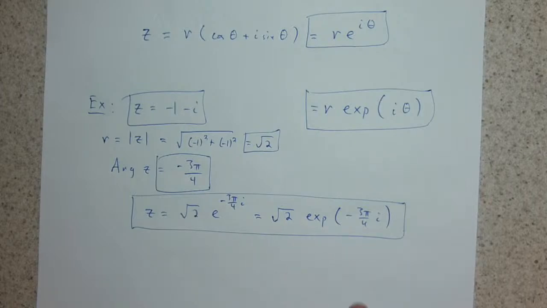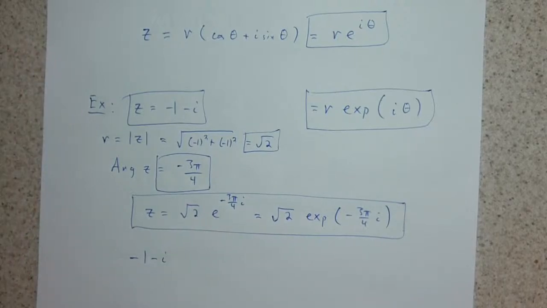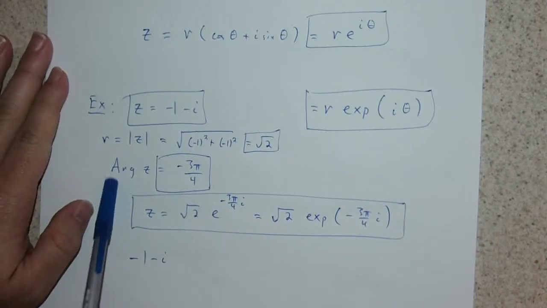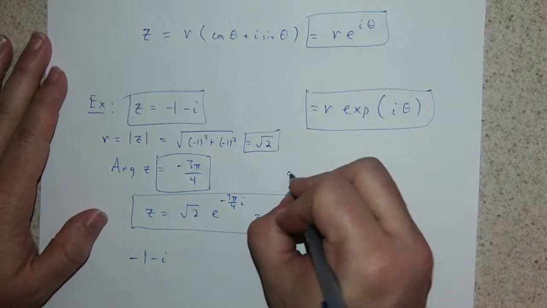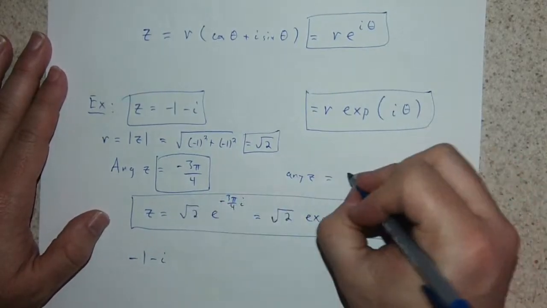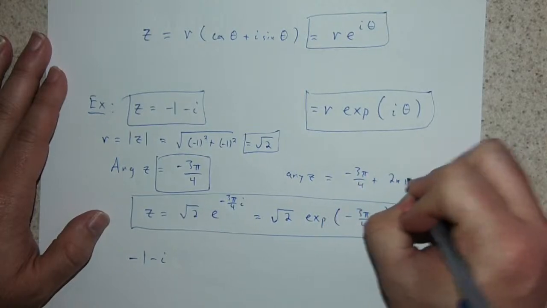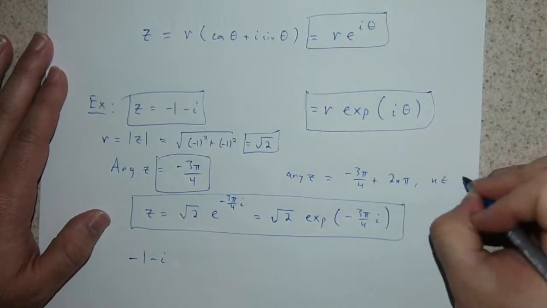In fact, how do I actually write out the full answer? Well, instead of using principal argument, I would just use arg z instead, right? So arg z, one way of writing it, of course, is minus 3 pi over 4 plus 2 n pi, right, for n an integer.